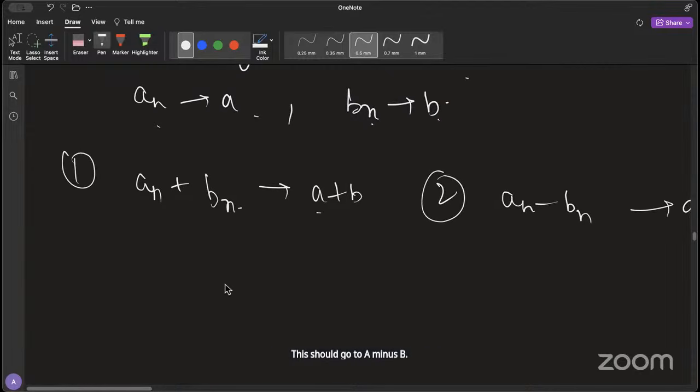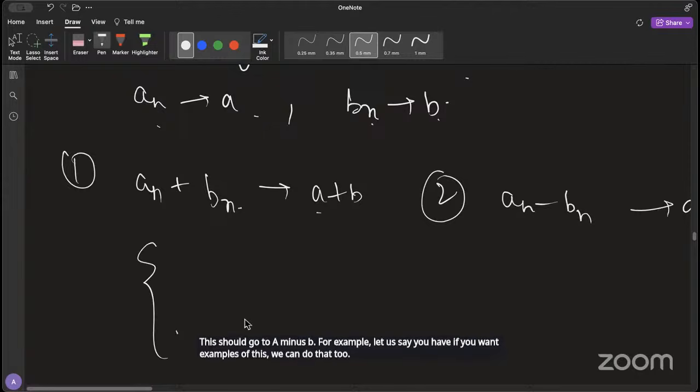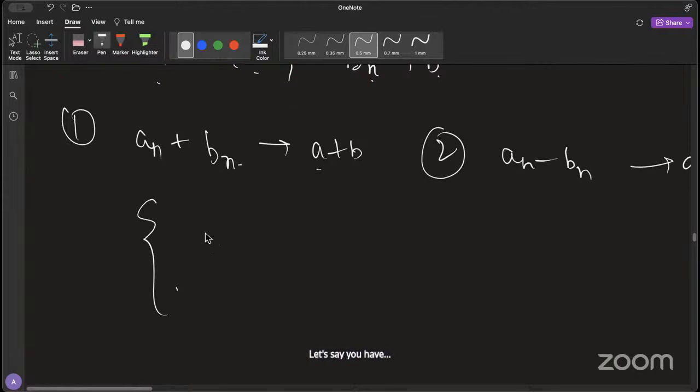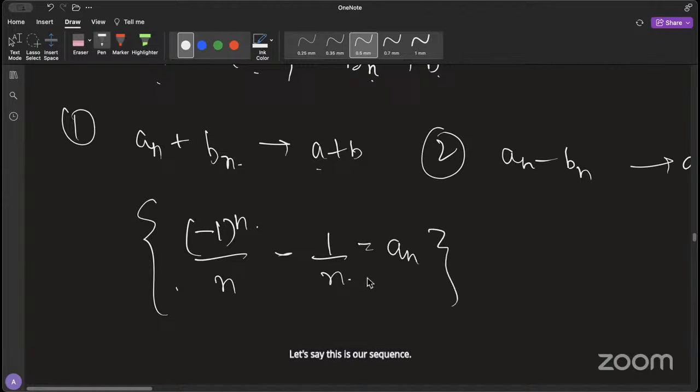For example, if you want examples of this, we can do that too. Let's say you have a sequence, minus 1 to the power n by n, minus 1 by n. Let's say this is our sequence. The nth term is given by minus 1 to the power n by n, or let me just take a positive sign here and a negative here.